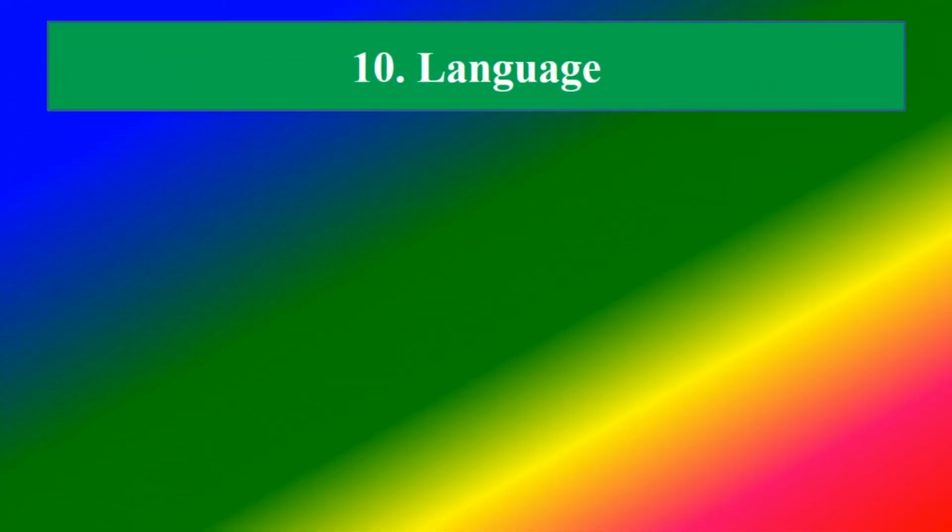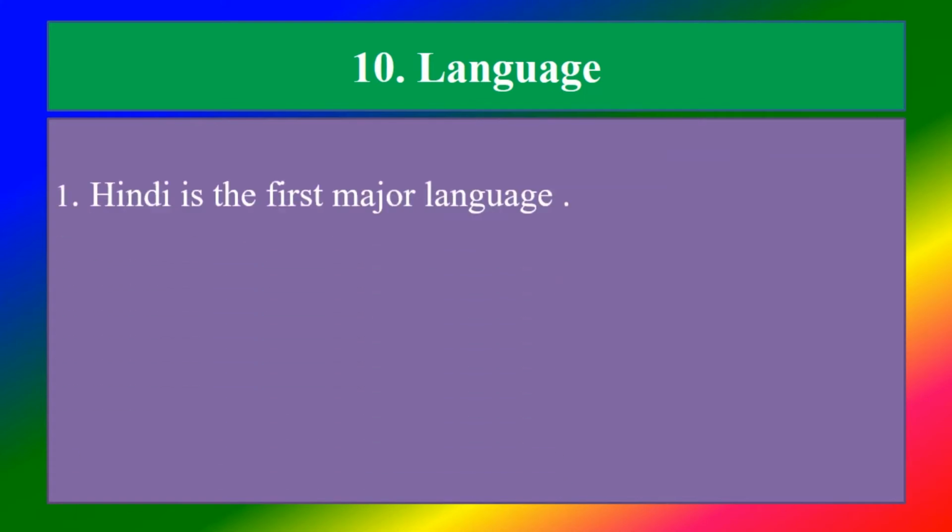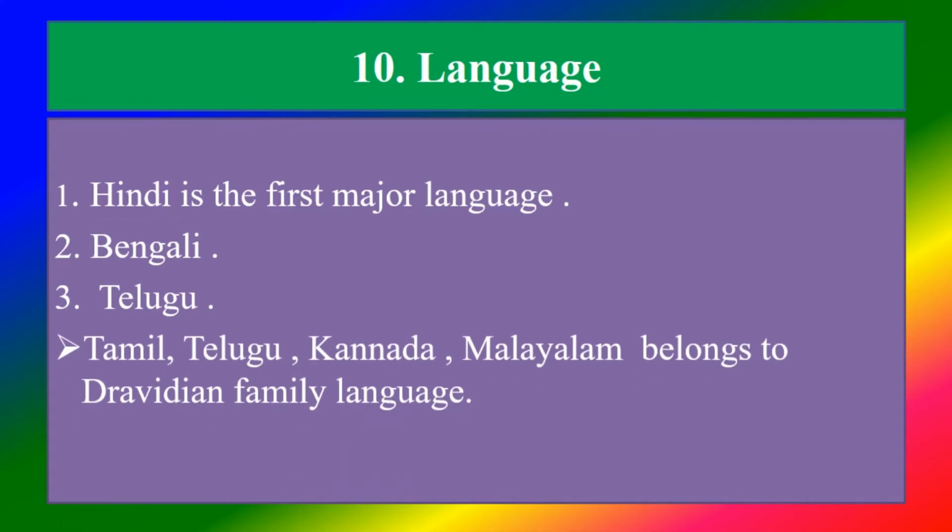Ten, language. First, Hindi is the first major language. Second, Bengali. Third, Telugu. Tamil, Telugu, Kannada, Malayalam belong to Dravidian family languages.